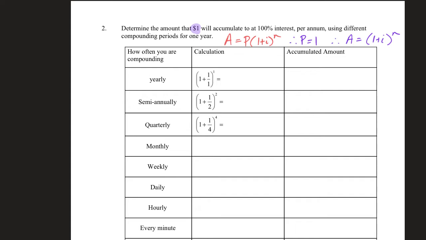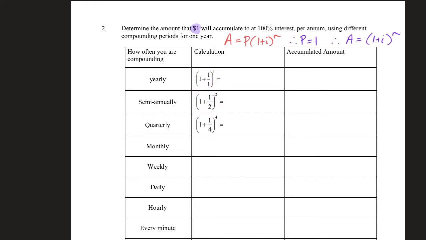If you quickly scan down the middle column, you'll notice what we have is just the power portion of our compound interest formula. Okay, hopefully we're good with that. Now I want to break down some of the components of it.